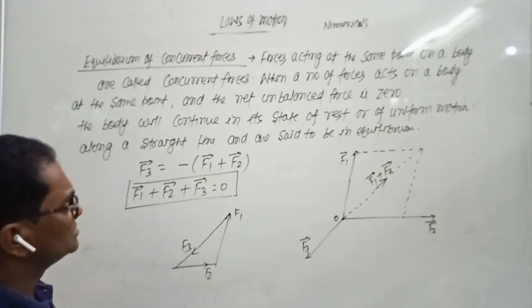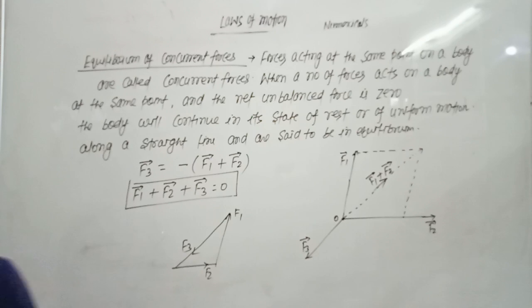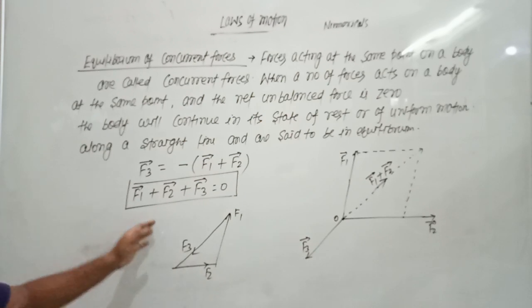Forces acting at the same point on a body are called concurrent forces. And when a number of forces act on a body at the same point and the net unbalanced force is 0, then the body will continue in a state of rest or of uniform motion in a straight line, and is said to be in equilibrium.